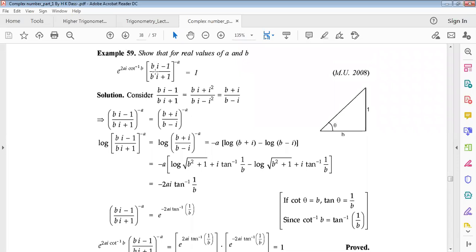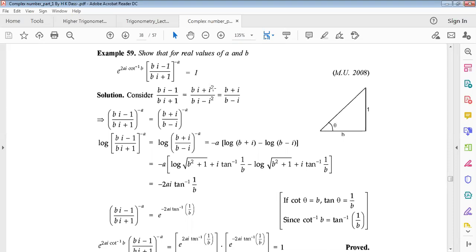Consider this within the bracket: (bi − 1)/(bi + 1) equals, just multiplying i in both numerator and denominator, then i squared means minus 1. This minus 1 can be written as minus i squared, since i squared equals minus 1.